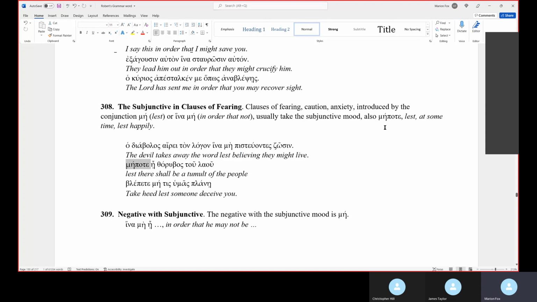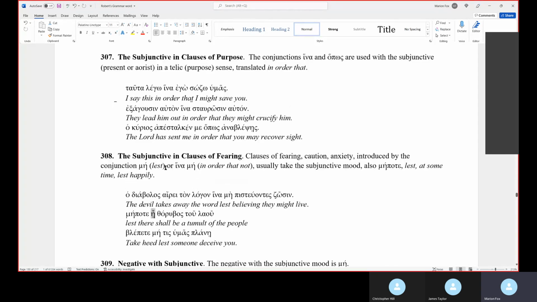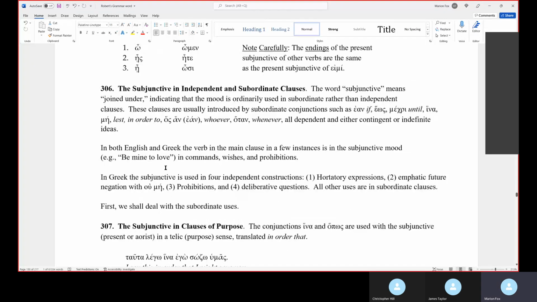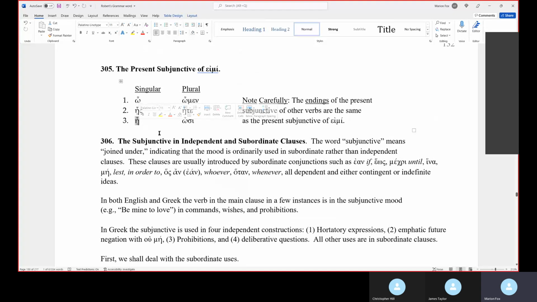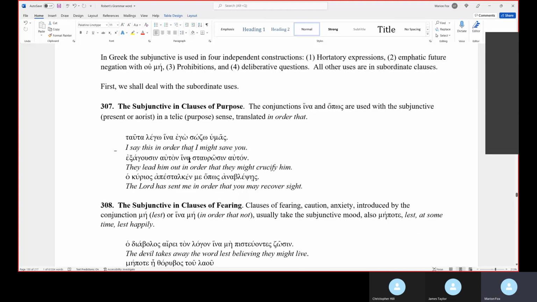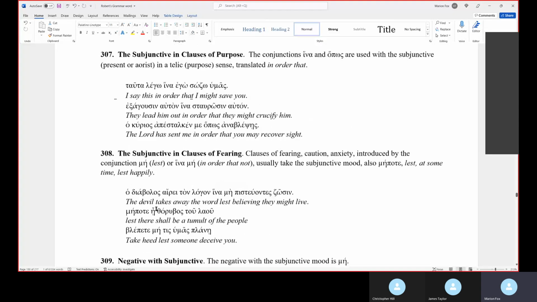Mē pote, and that's lest. Now right here, let's go back and see what this word is. Okay, we're going to go back up. Right there it is. That's our word. That's a third person singular present subjunctive of eimi. All right, let's come down here.